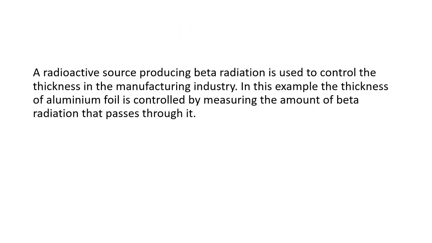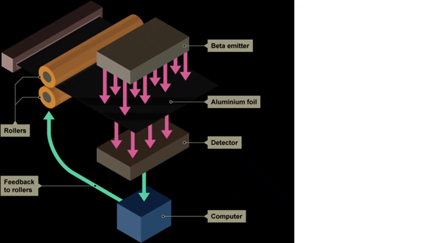Right, a radioactive source producing beta radiation is used to control the thickness in the manufacturing industry. In this example, the thickness of aluminium foil is controlled by measuring the amount of beta radiation that passes through it. So this is a device in industry. You would put a beta emitter and this aluminium foil, this is a detector.